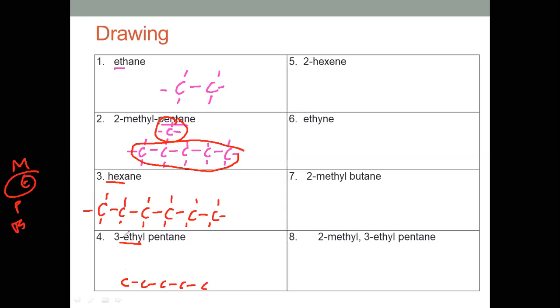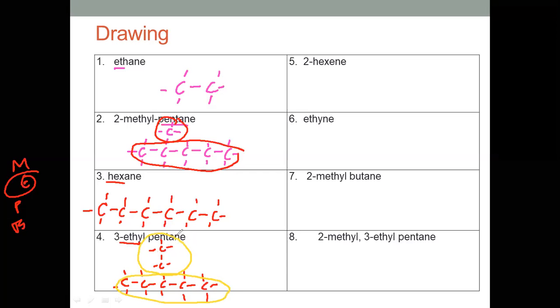Okay, so off the 3rd carbon, I'm going to add 2 carbons. This is my ethyl branch. Let me just highlight that again too. So here's my pentane, and then here's my ethyl, 1, 2.